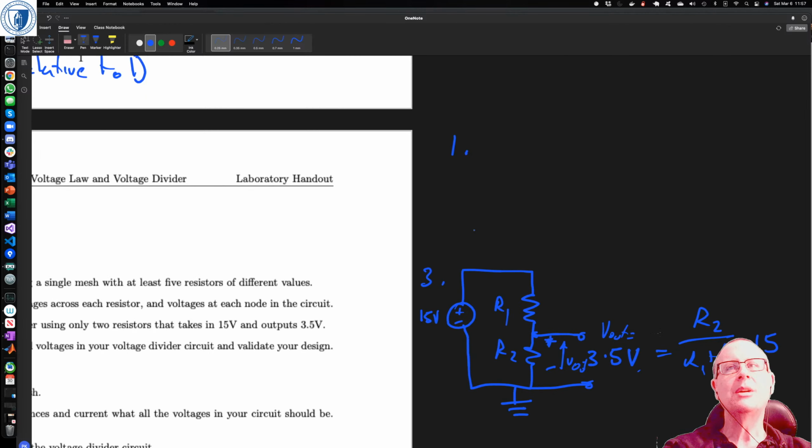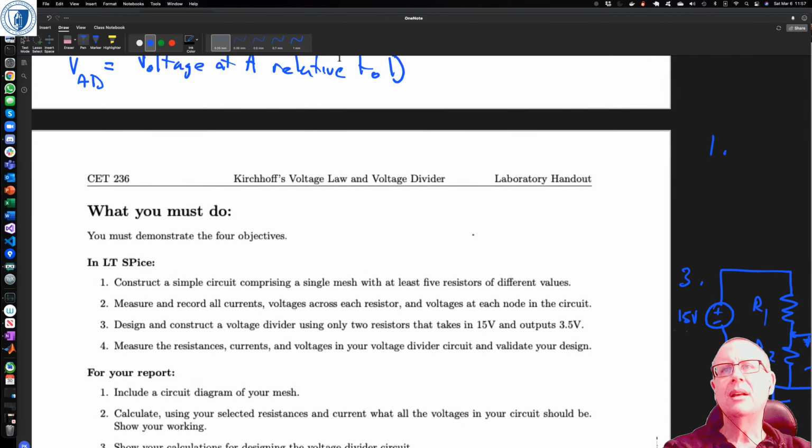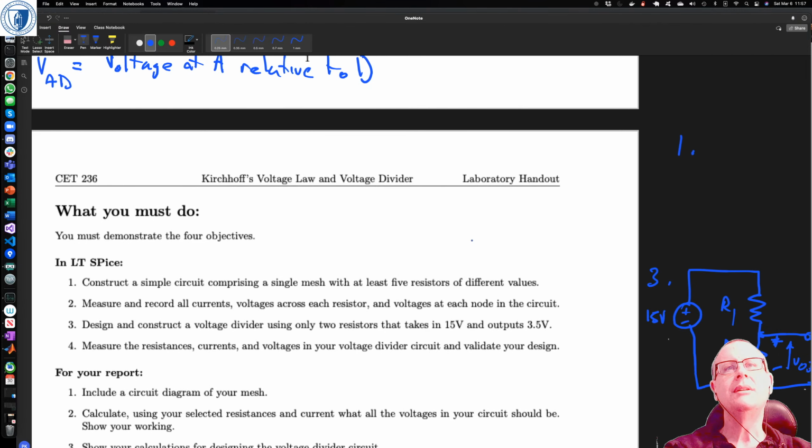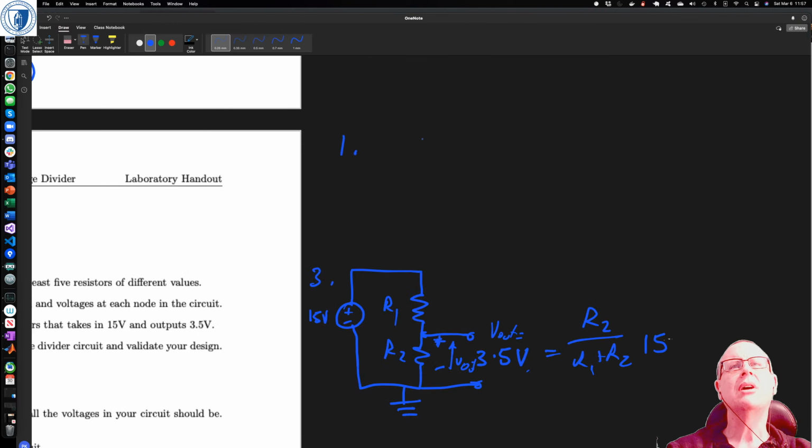So that's what I'm expecting to see for part 3. For part 1, what does it say? It says a single mesh with at least 5 different resistor values. I think I did that last week, but what I'm expecting to see there is, choose your favorite voltage, 10 volts, 15 volts, and resistors 1, 2, 3, 4, 5.